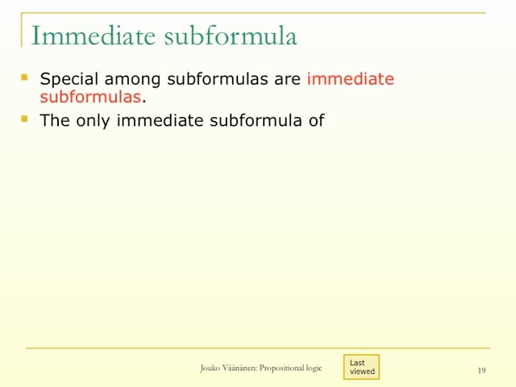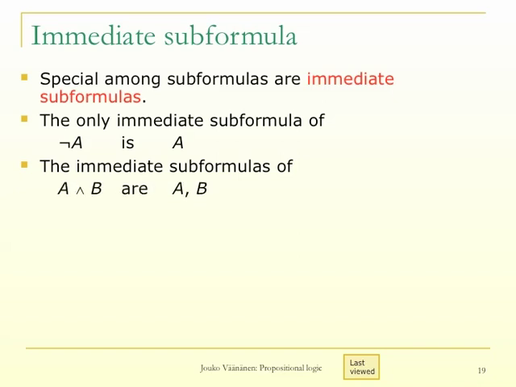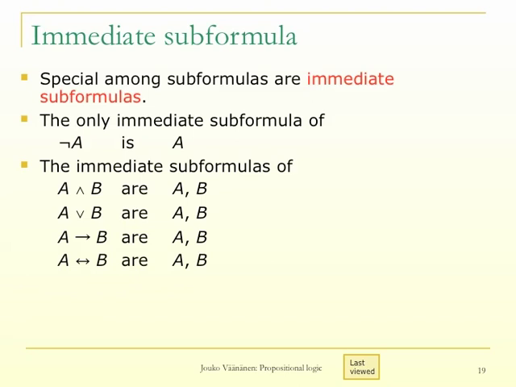The only immediate subformula of not A is A. The immediate subformulas of A conjunction B are A and B. Of A disjunction B, the immediate subformulas are A and B. The immediate subformulas of A arrow B are A and B. The immediate subformulas of A double arrow B are A and B.